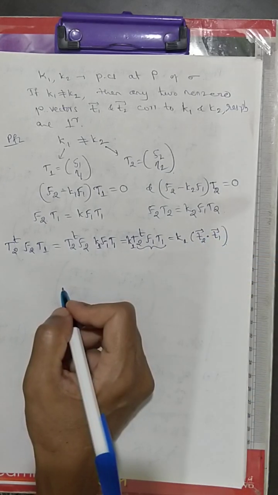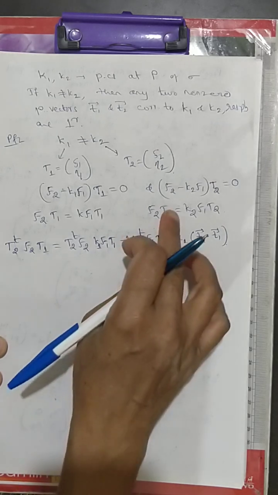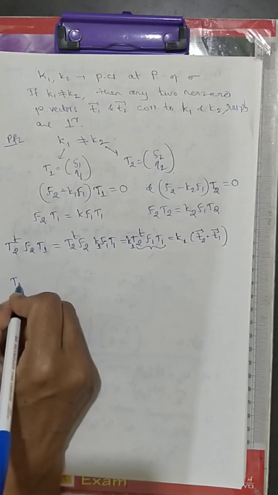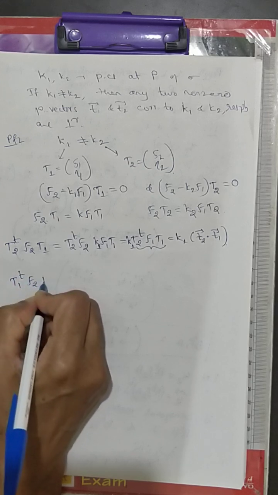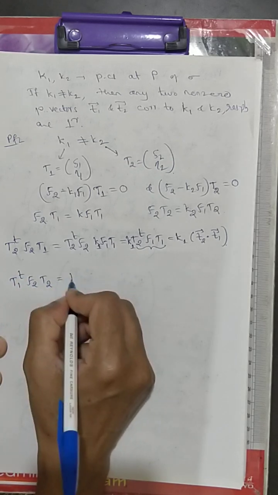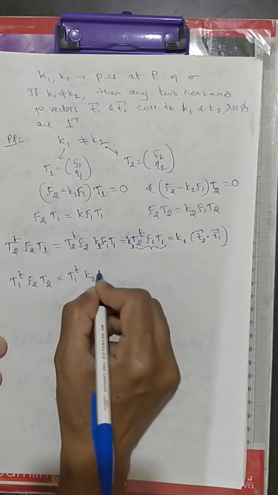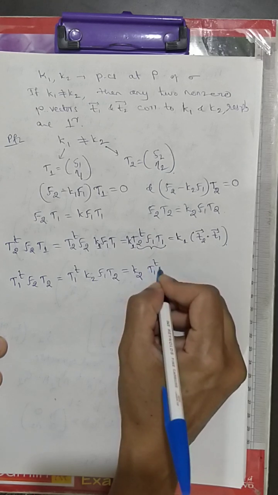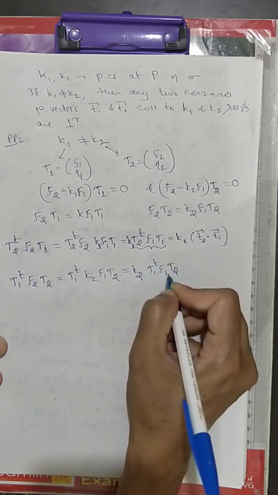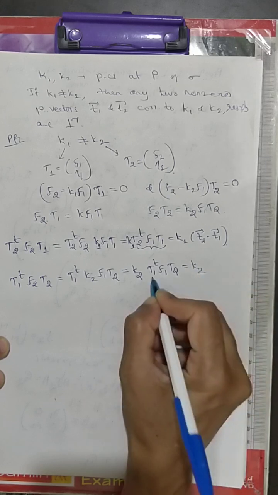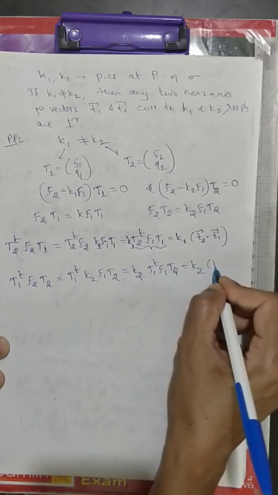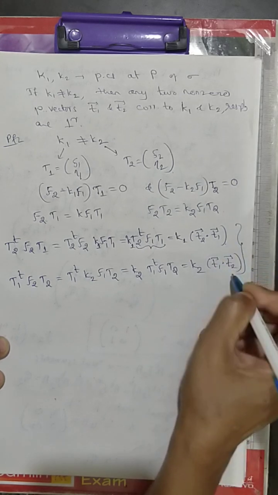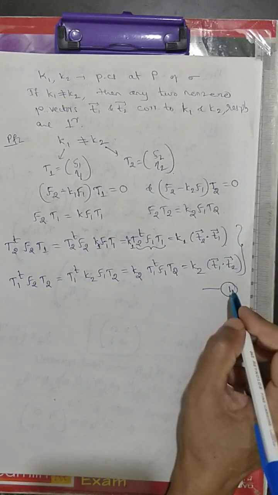Similarly, if I consider this statement and multiply by t1 transpose, we have t1 transpose F2 t2 equal to t1 transpose k2 F1 t2, and that is equal to k2 into t1 transpose F1 t2, which is nothing but k2 into t1 dot t2. Let us call these two together statement 1.